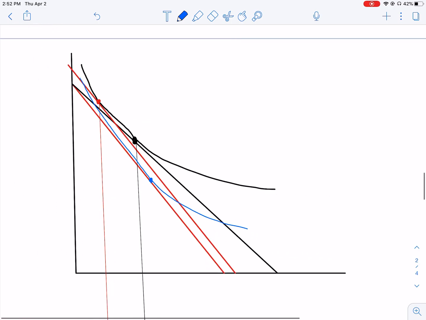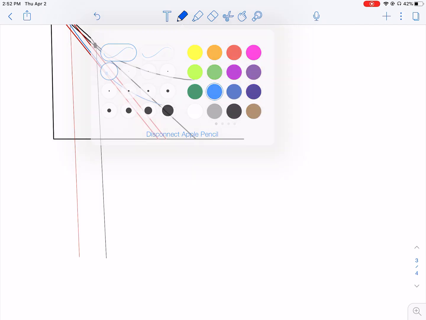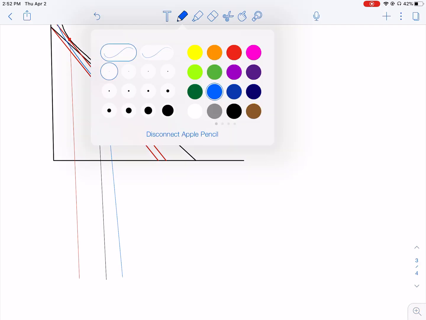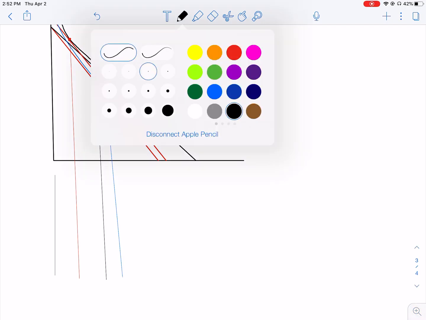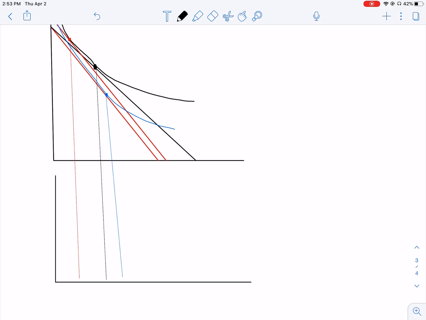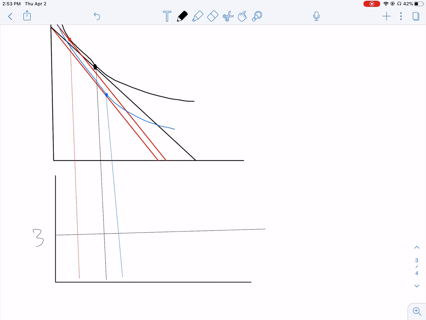So what's going on here is that previously the price was $3, but now the price is $5, right?